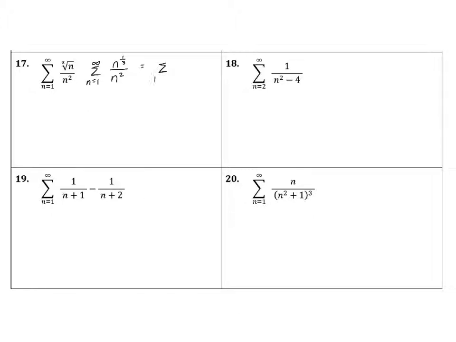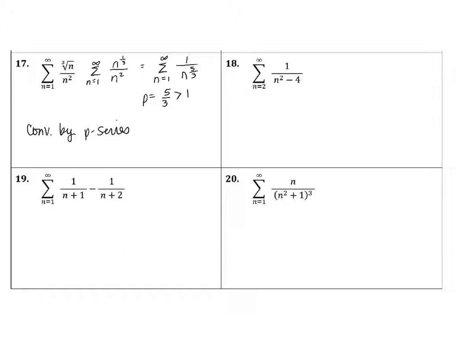So that's really the sum from n equals 1 to infinity of 1 over n to the 5/3. And so for our p-series, p is 5/3, and that is definitely greater than 1. So this converges by the p-series.